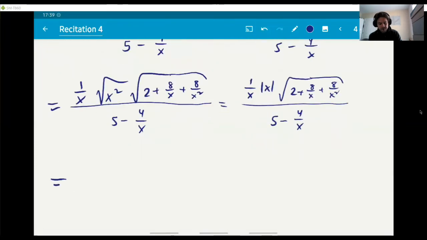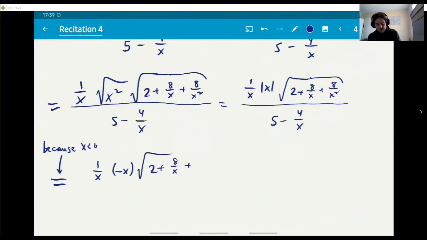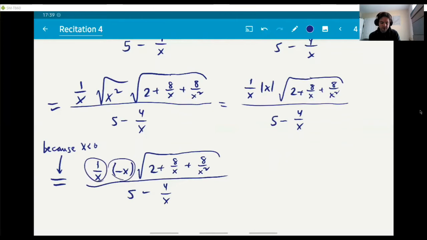So I'm going to write that this is equal because x is negative. x in this limit problem represents a negative number that's getting large. So the expression itself simplifies down to this. And now you can see this minus x with this 1 over x make a minus 1 together. This is now in a good place for us.